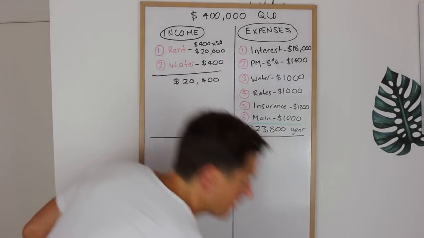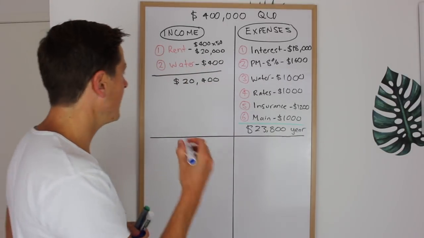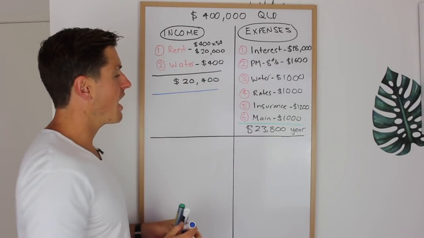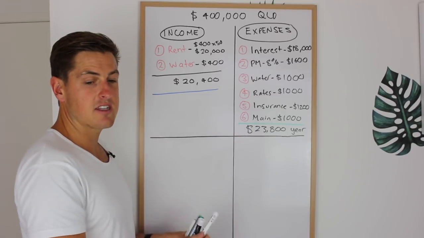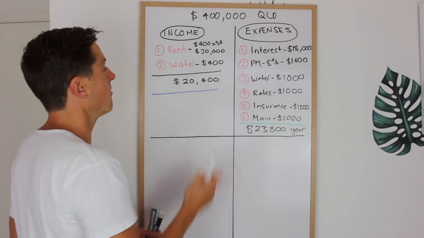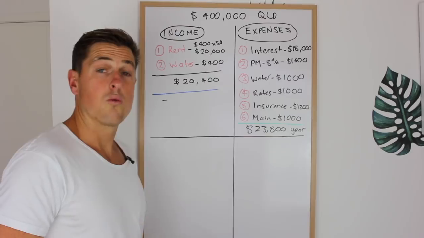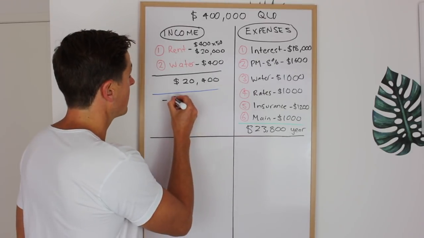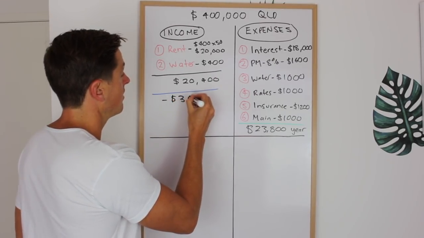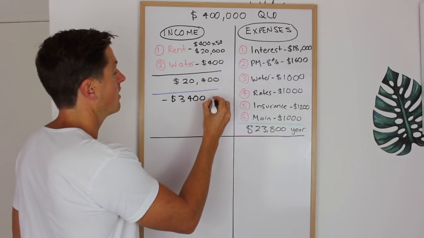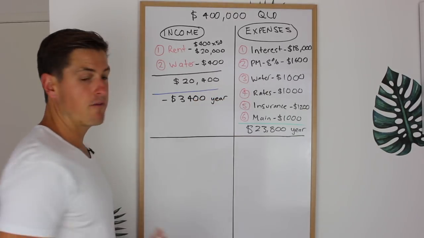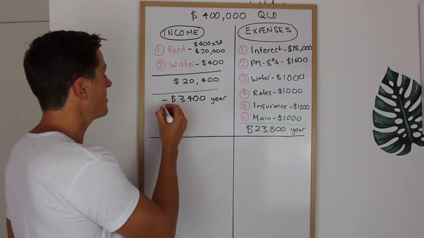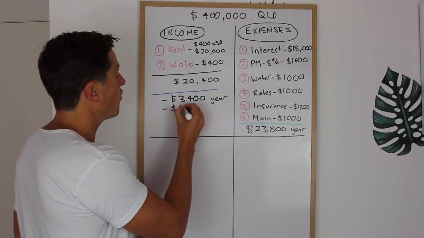We simply go over here and we minus $23,800 from $20,400, which gives us a figure of minus $3,400 in a year.